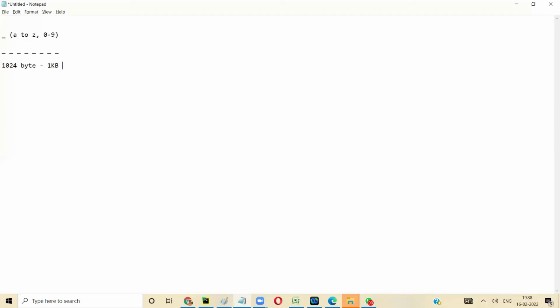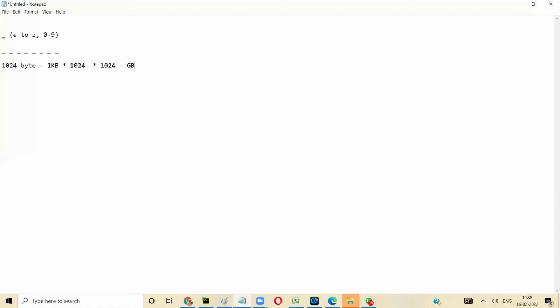Again, when you multiply this with 1024, that is your MB, megabyte. Again, you multiply this with 1024, that is your GB. So when you say GB, you can store roughly 1024 into 1024 into 1024 into 8 characters.